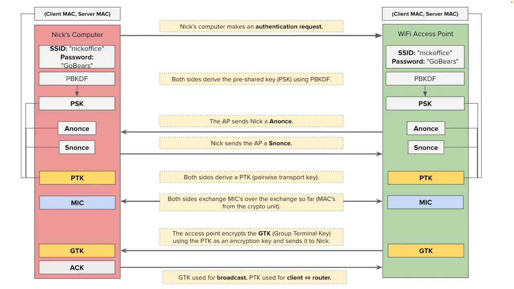And then afterwards, the access point can encrypt the group temporal key using the PTK that's generated as an encryption key and send it to Nick. These keys are then used for communication between the client and the access point. And that's the idea of the Wi-Fi protocol. Sorry, the WPA-PSK protocol.